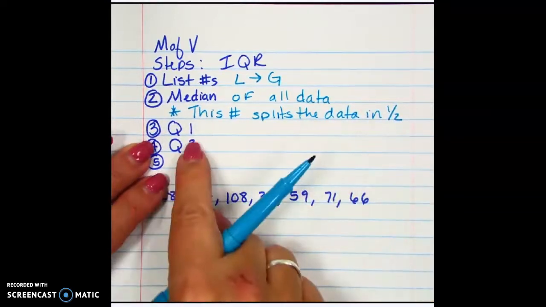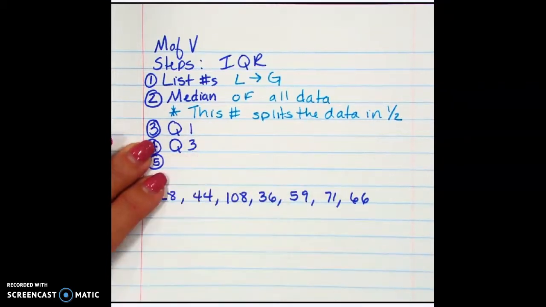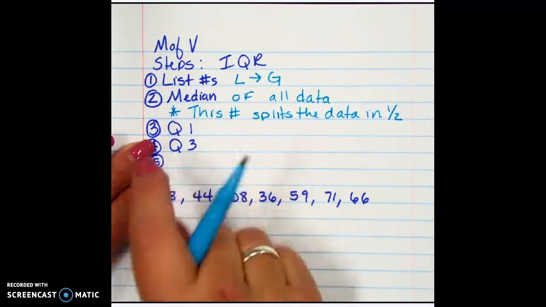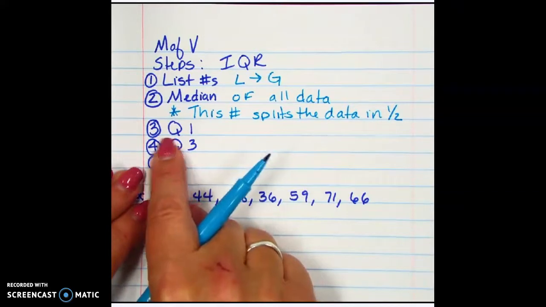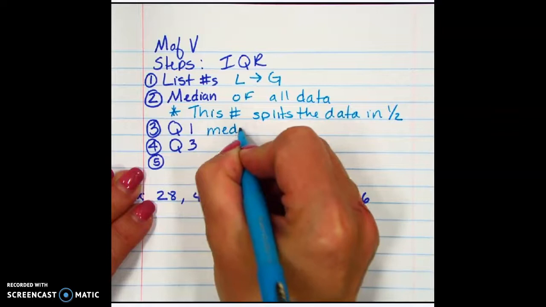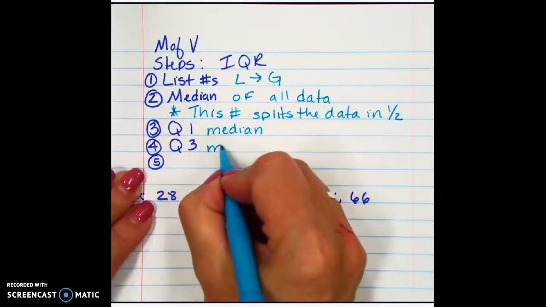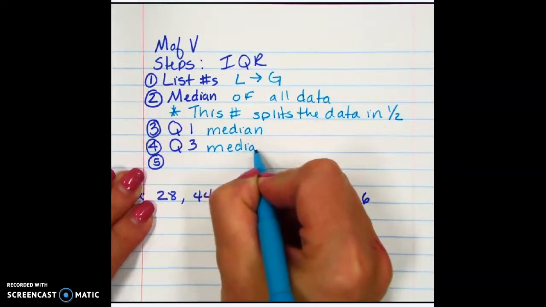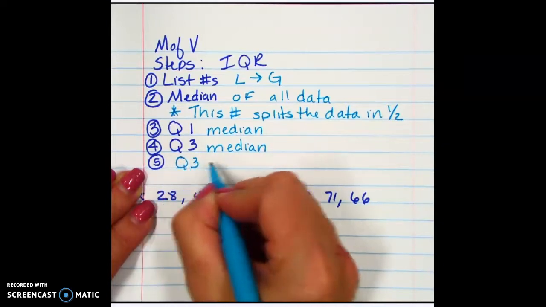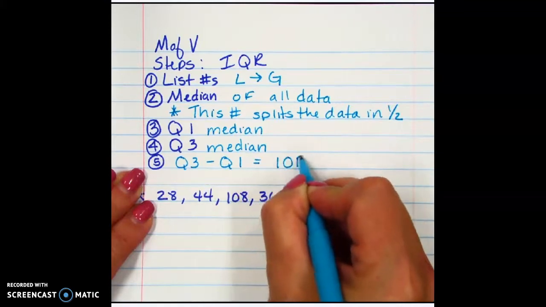So then we end up with the lower half and the upper half. And remember, median means middle. So next, what we do is we find the quartile 1 median. Then we find the quartile 3 median. And the final step is to subtract quartile 3 and quartile 1, and it gives us the IQR.